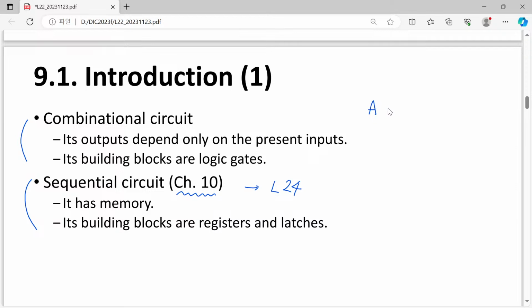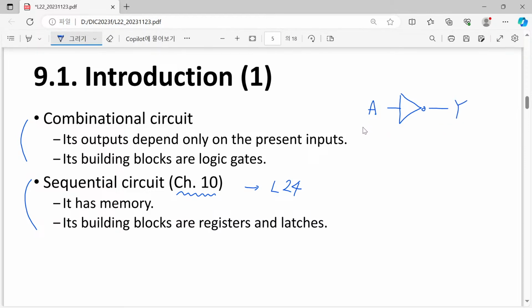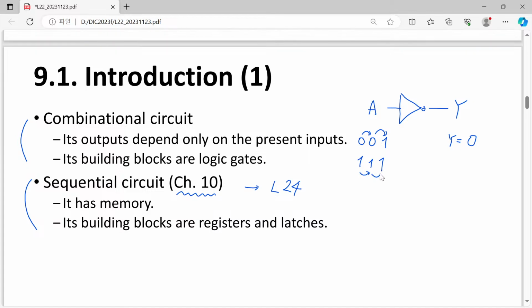If you have A as input and Y as an output, then previously you had something, for example 0, 0, 1 and 1, 1, 0. Let's say that your input has changed in this history. Then what will be your present output? Your output will be just 0. And let's say that you have just to keep the value as 1, 1, 1, 1.